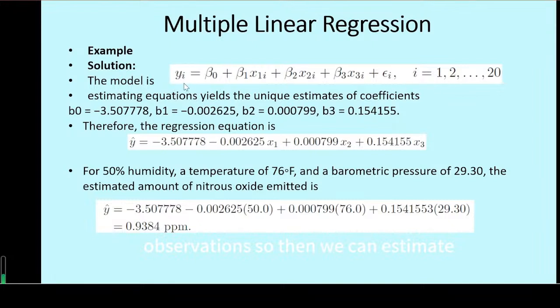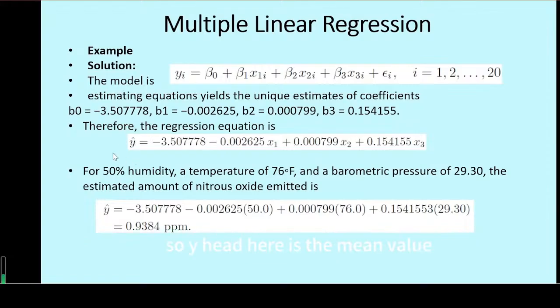Then we can estimate b0, b1, b2, b3 from this regression model, and all main statistics software can estimate this equation very easily. We can get the values, then plug them into the equation.